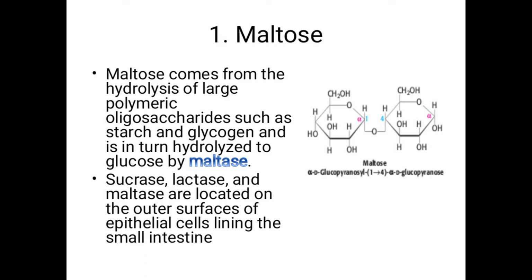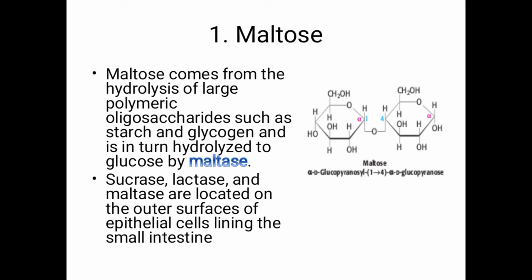If you see this structure, maltose consists of alpha-D-glucopyranose and alpha-D-glucopyranose. Both sugars are glucose, alpha-D-glucopyranose.